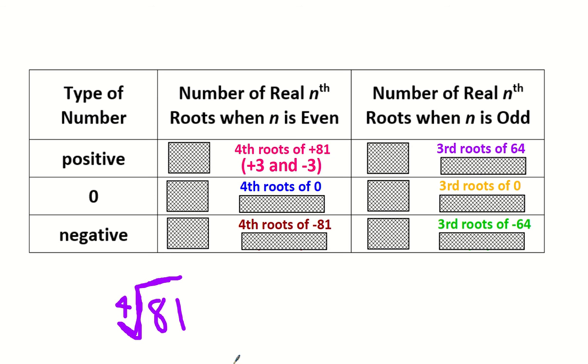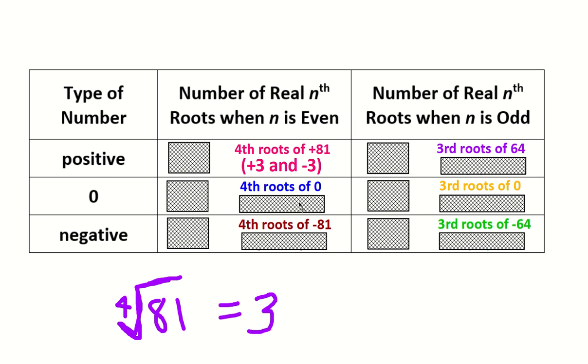If I literally write it like this, what is the fourth root of 81? You're only going to say positive 3, because this symbol only implies the principal root, which is usually the positive root.